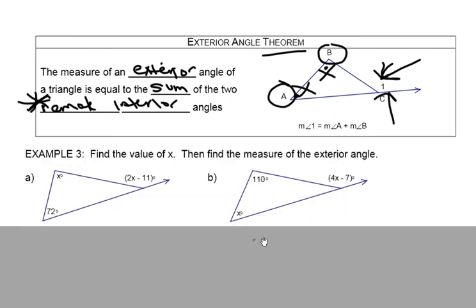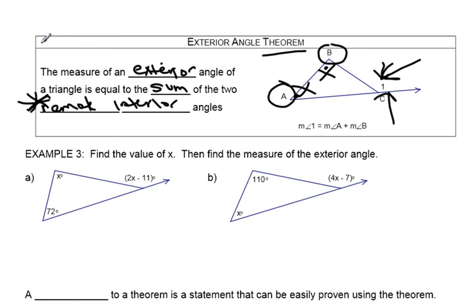Those are your remote interiors. So to see that as an example, using that theorem, find the value of x and then find the measure of the exterior angle.